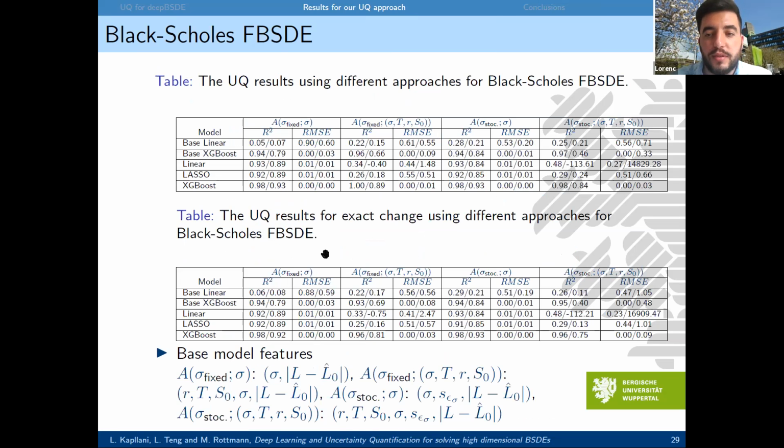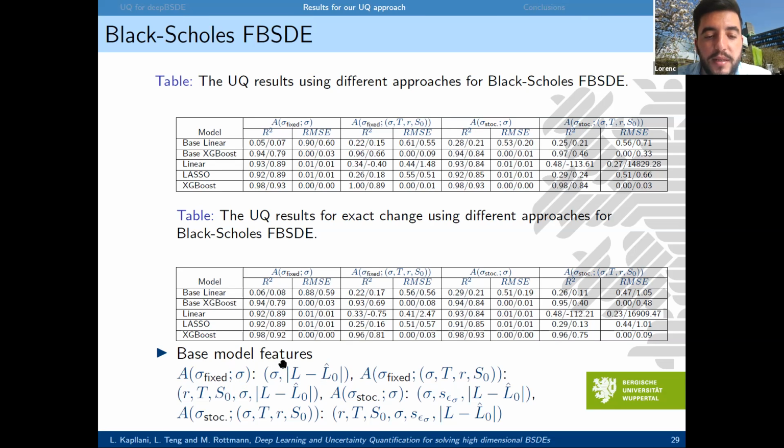Okay, so these are very big tables. I will try to interpret them as easily as possible. Here we have the 4 different models, and as baseline models, we have the baseline linear and XGBoost. For the first model, which has a fixed perturbation, we vary only sigma.